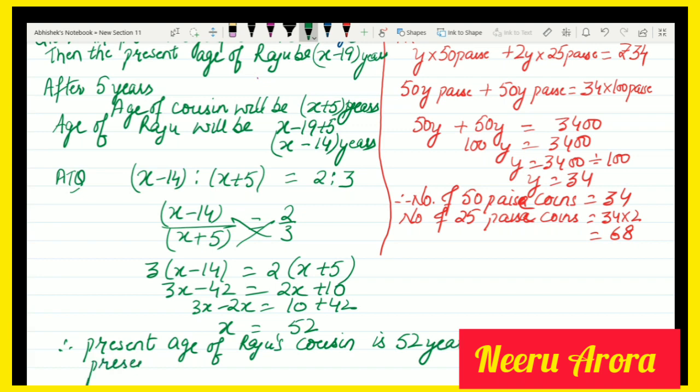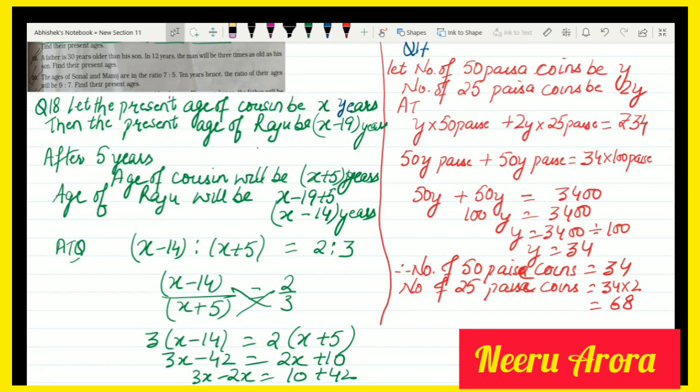Present age of Raju: Raju is 19 years younger, so 52 minus 19, that is 33 years. This is question number 18.